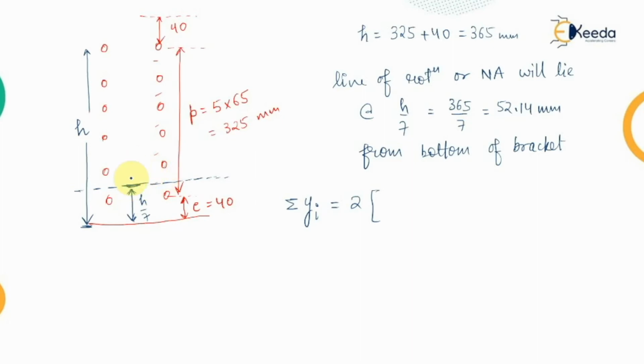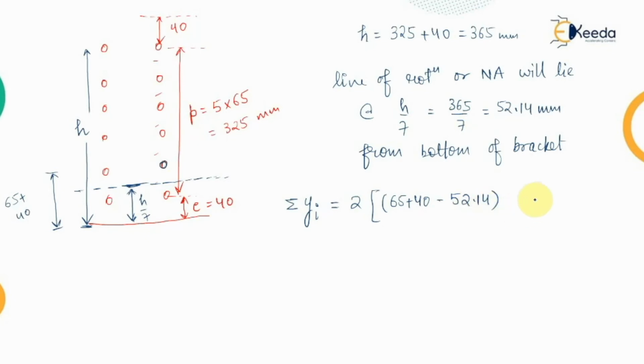For the first bolt, the total distance from the bottom of the bracket plate is 65 plus 40, and from that we have to subtract 52.14. So that is given by 65 plus 40 minus 52.14.